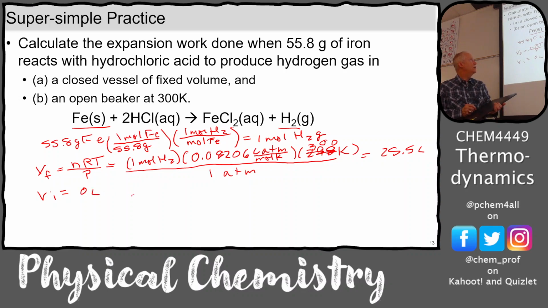Okay. And so this is expansion against a constant pressure. So it's minus P external delta V. So minus 1 atmosphere times 25.5 liters, that's V final, minus 0 liters.